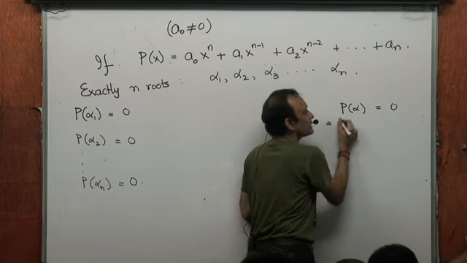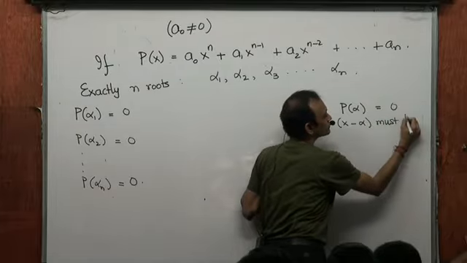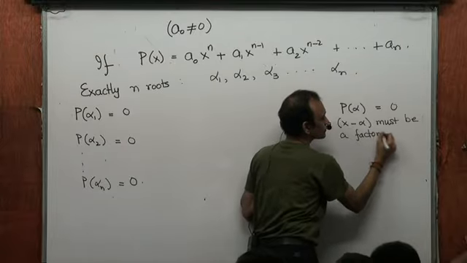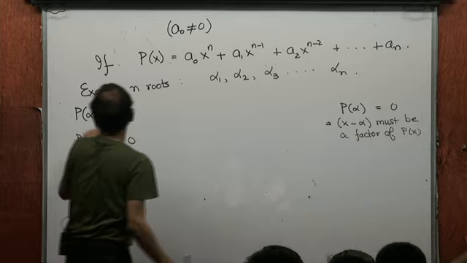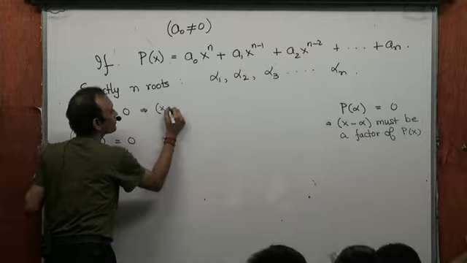Now, did I tell you, if P(alpha) is 0, if alpha is a root of the polynomial, it means that x minus alpha must be a factor of the polynomial. This is what I told you. Now, if P(alpha 1) is 0, it means x minus alpha 1 must be a factor.